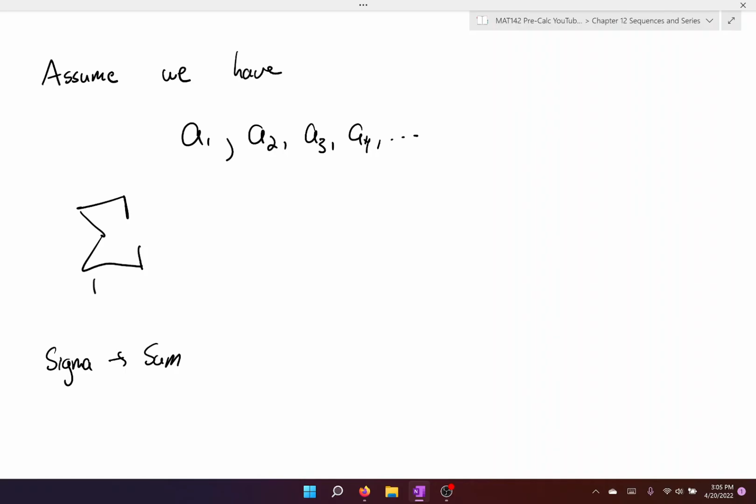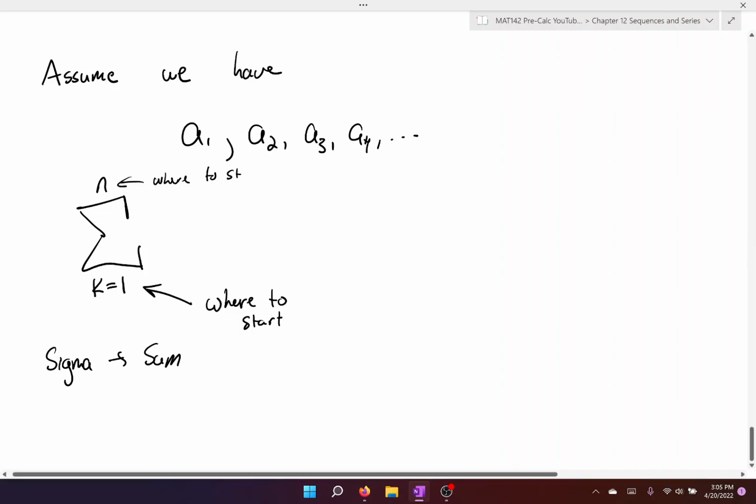So our lower limit is right here, k equals 1. This tells me where to start. On the very top of the sigma is going to be the letter n or something of that nature, and this tells me where to stop.